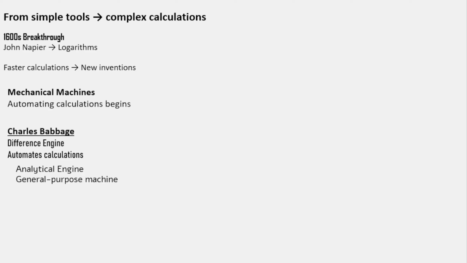You understand? Which means long before electronic computers existed, Charles Babbage was already imagining a machine that behaved like a programmable computer. The technology of his time simply wasn't ready for it.